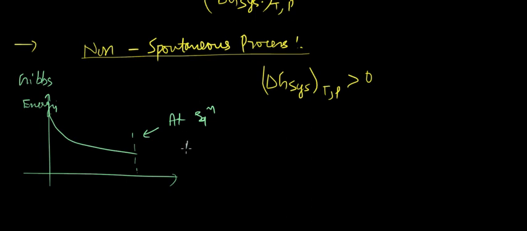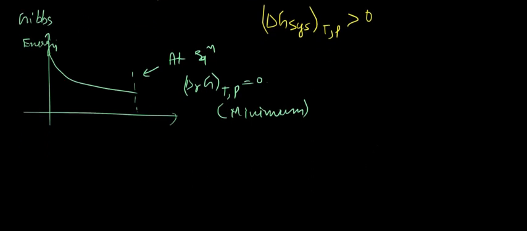So at equilibrium, delta G at a particular temperature and pressure would be equal to 0. Okay, and this is the minimum. So when a reaction takes place in a closed vessel at constant temperature and pressure, Gibbs energy of system decreases and attains minimum value at equilibrium.